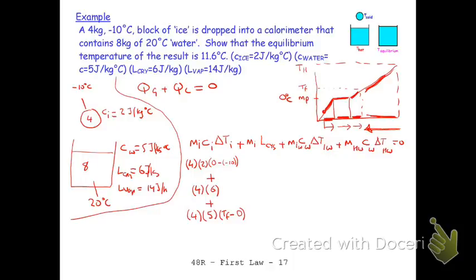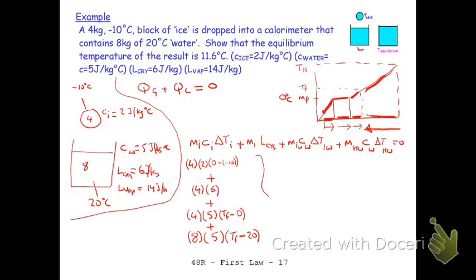And its temperature, when it first became water, was 0 degrees, and it's going to go to your equilibrium temperature. That's 3 of them done. And now the fourth one is the mass of the water times the specific heat for water, which is 5, because it's still water, times T final minus T hot. And T hot was 20.